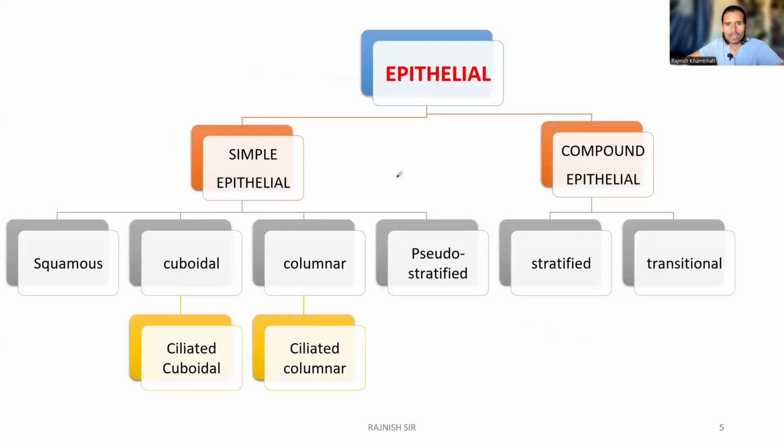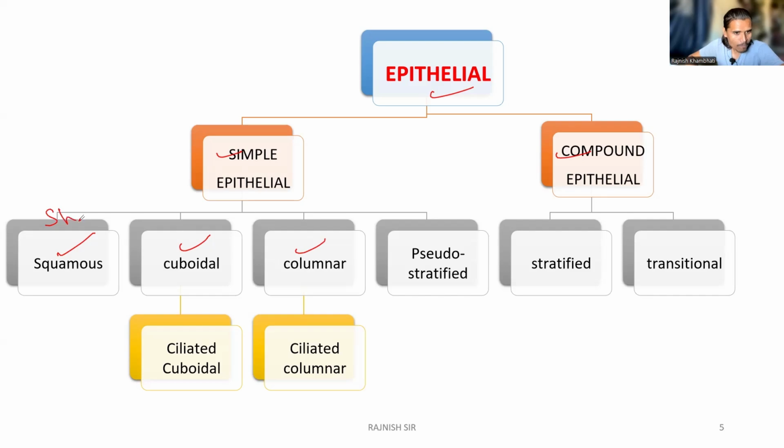Next, this is the chart of epithelial tissue. Epithelial tissue divides into simple epithelial tissue and compound epithelial tissue. Simple epithelial tissue further divides into squamous, cuboidal, and columnar according to their shape.